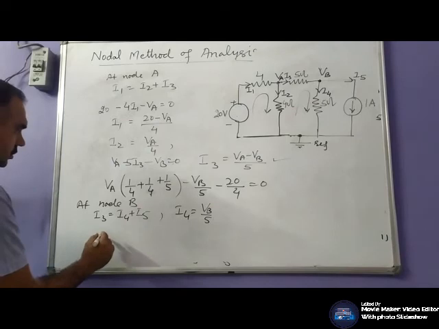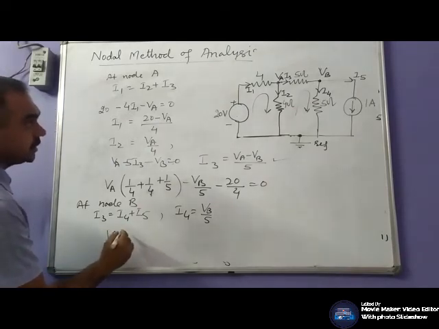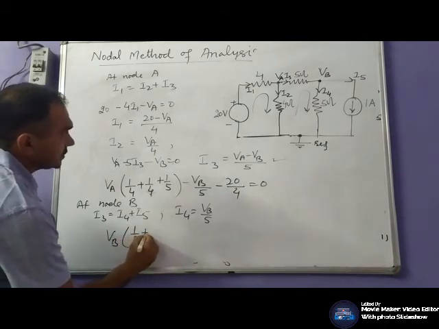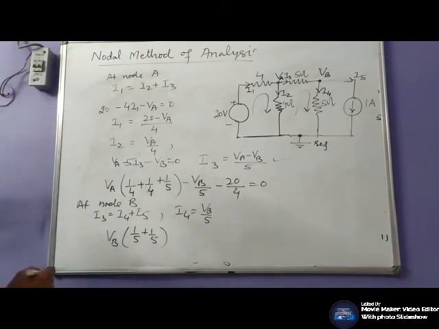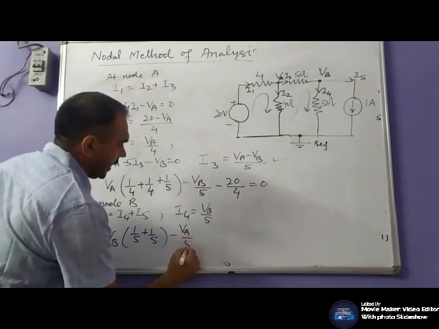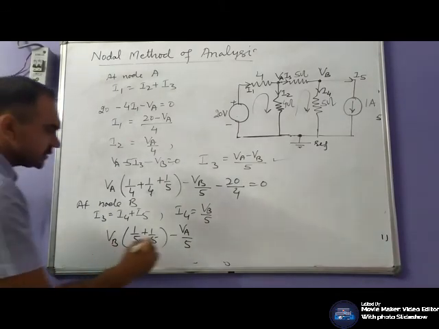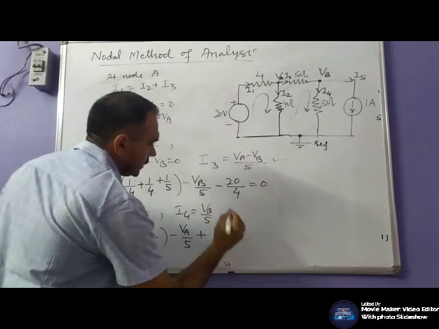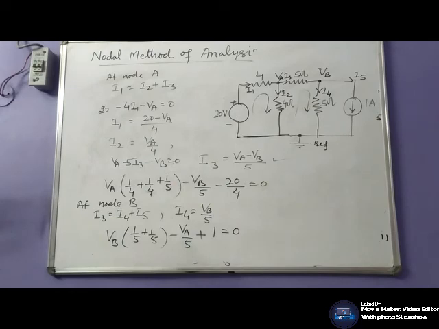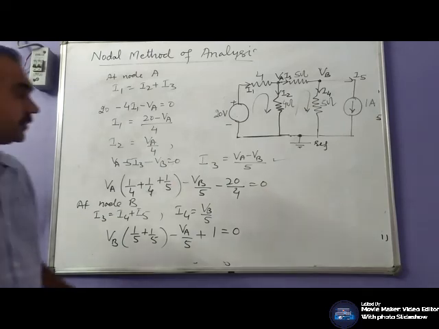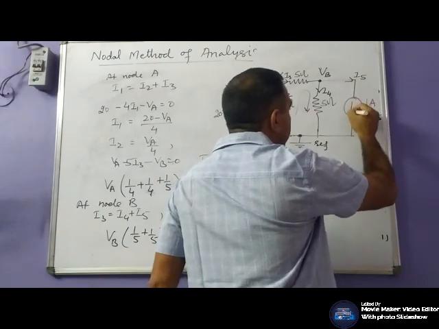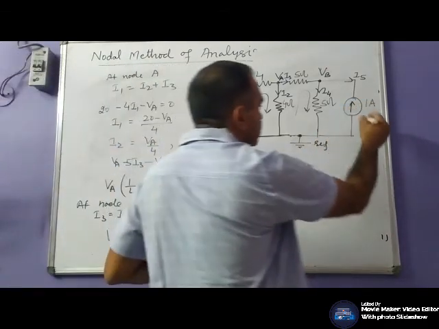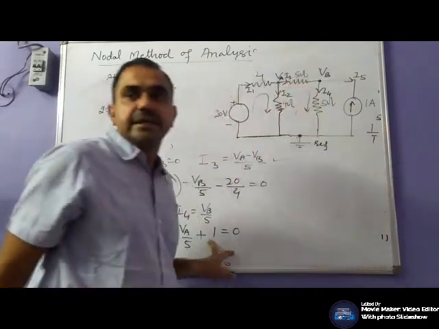So now the equation comes out to be VB (1 by 5 plus 1 by 5) connected with it, minus VA by 5, plus 1 is equal to 0. If the direction of this source was this one, then it would be minus 1, because its equivalent voltage source direction would be this one.